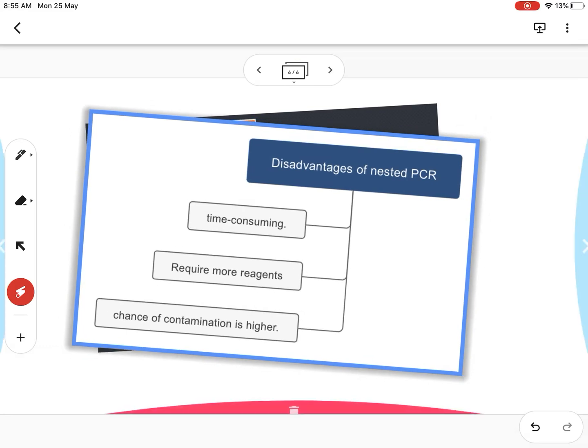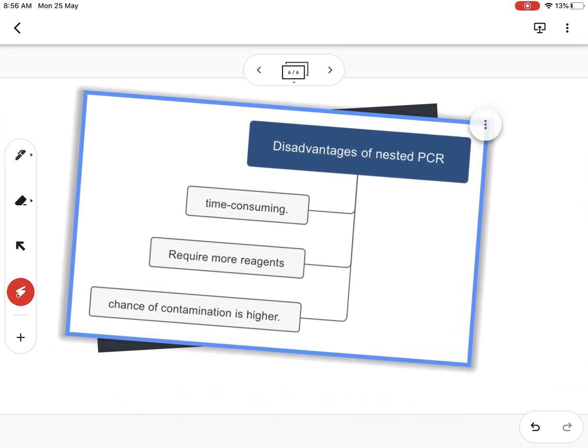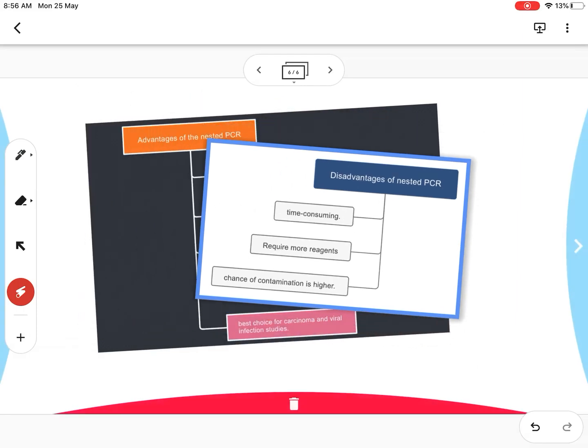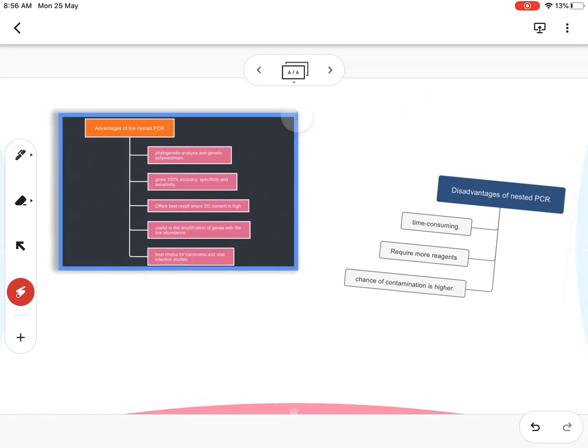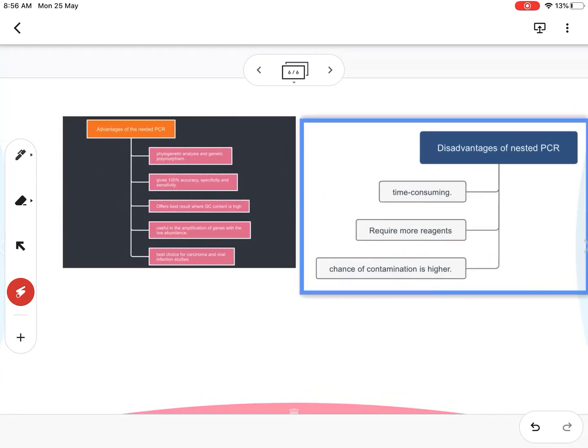And there are high chances of contamination because we are increasing certain steps like addition of primer and agarose gel electrophoresis, and therefore there are more chances of contamination. So these are the 3 disadvantages of nested PCR.